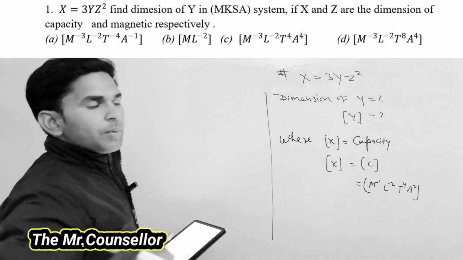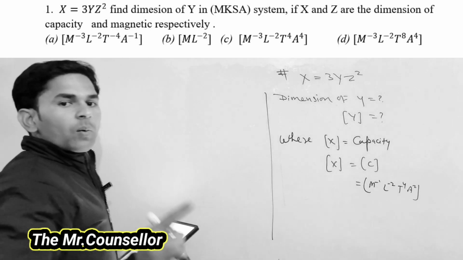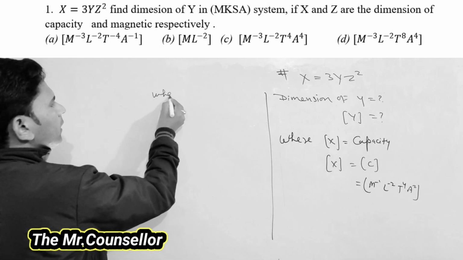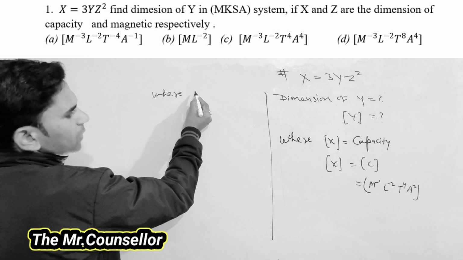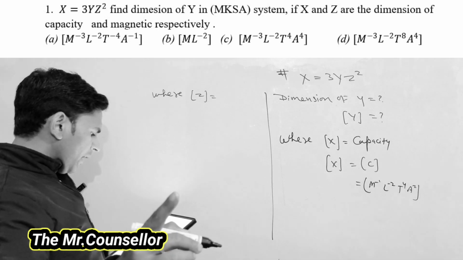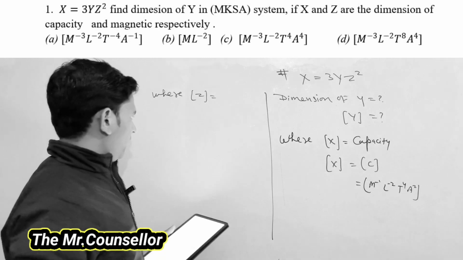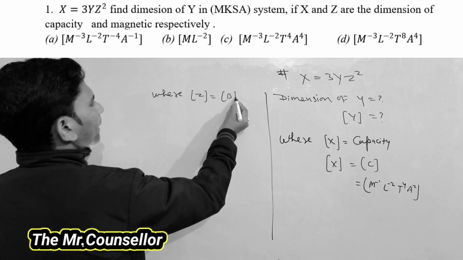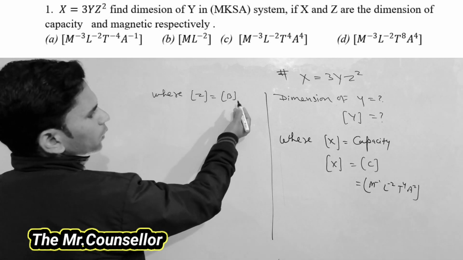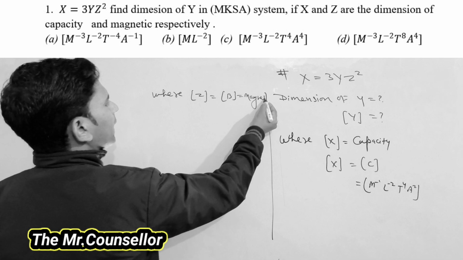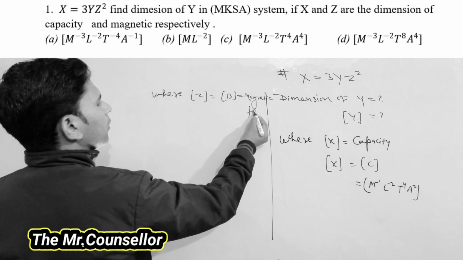Next, the dimensional formula of z. What is z showing? Z is showing the magnetic field, so we write magnetic field here, no problem.